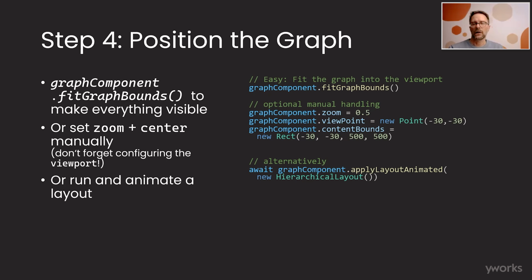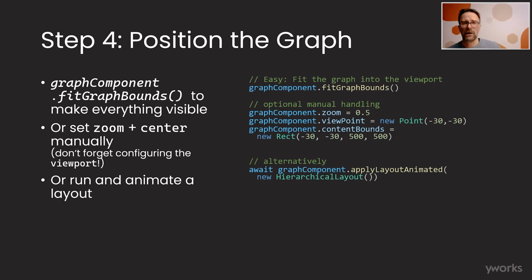Last but not least, position the graph in the viewport. You might not know how large the screen is that your user is using, or you might not even have coordinates. So what you should be doing is trying to put the graph onto the screen. The easiest way is to just call the method fit graph bounds, which automatically finds a tight bounding box and centers that bounding box on the screen.